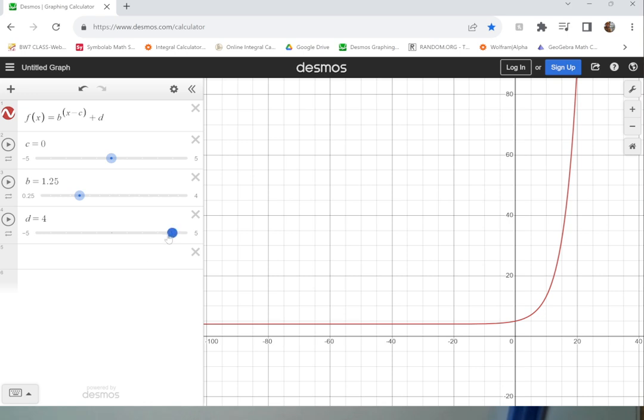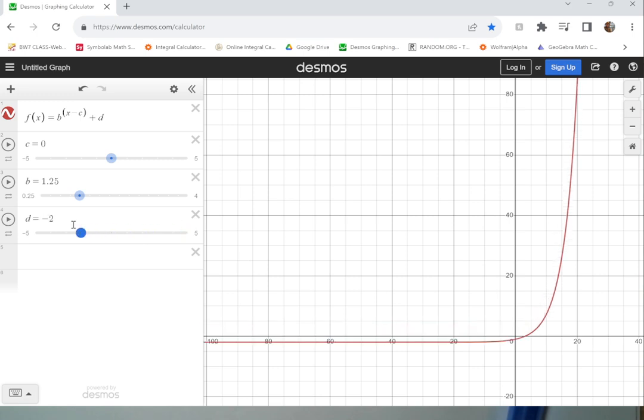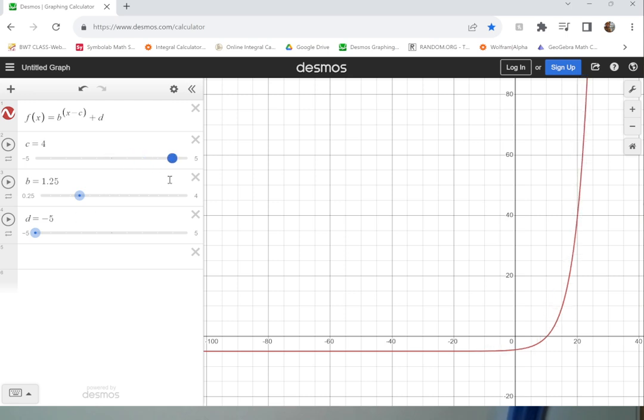But as I zoom out further, you can tell a little better now. As d fluctuates, the graph goes up or down depending on what the value of d is, and the same for c.